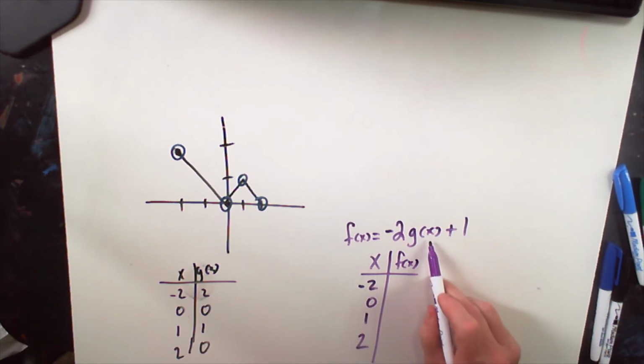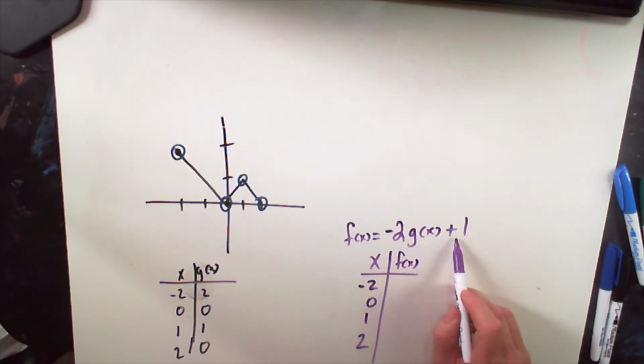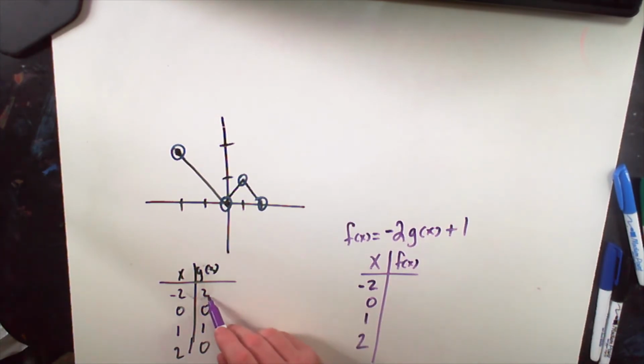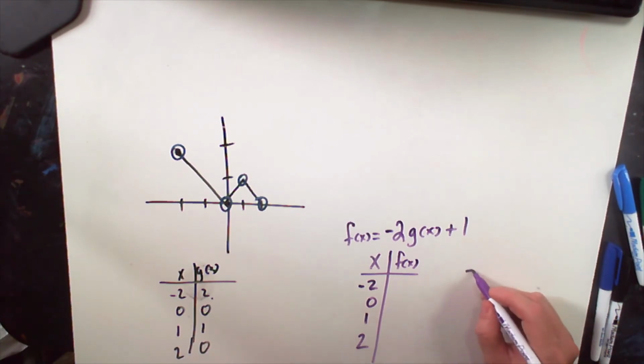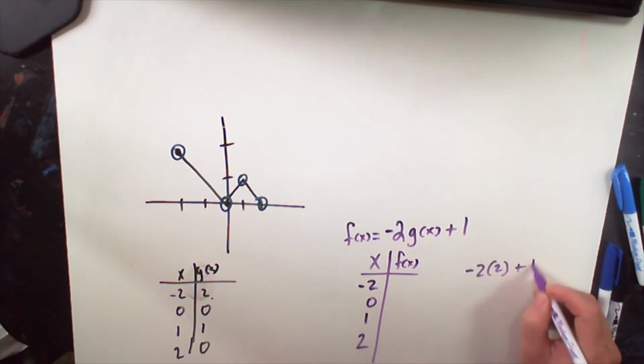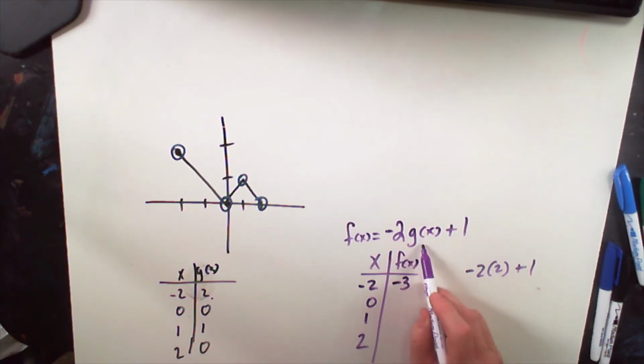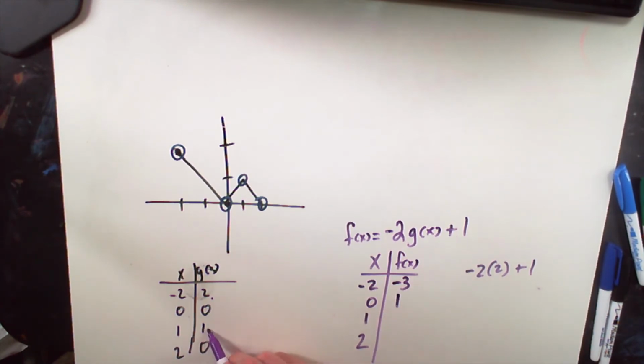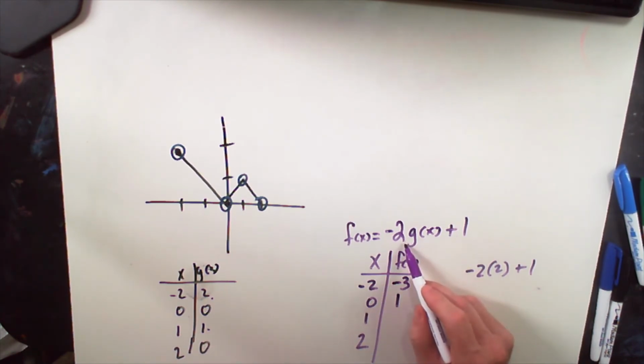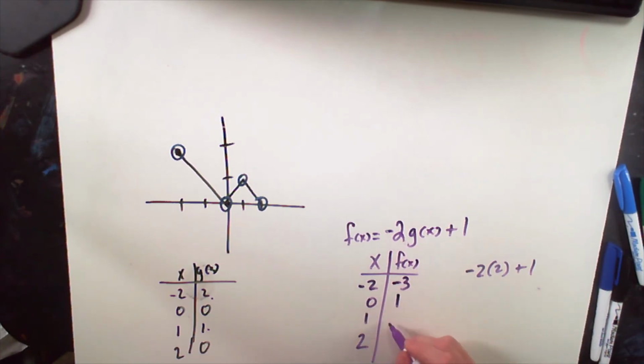Now with the g, we're going to take g of x, multiply it by negative 2, then add 1. So starting with the 2, negative 2 times 2 plus 1. Negative 4 plus 1 is negative 3. 0 times negative 2 is 0, plus 1 is 1. 1 times negative 2 is negative 2, plus 1 is negative 1. And then 0 plus 1 is 0 again.